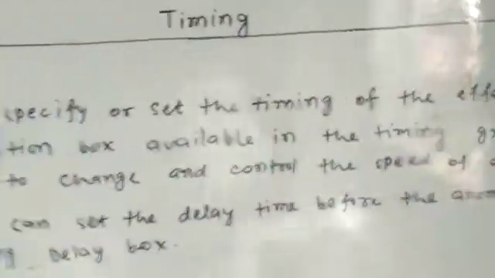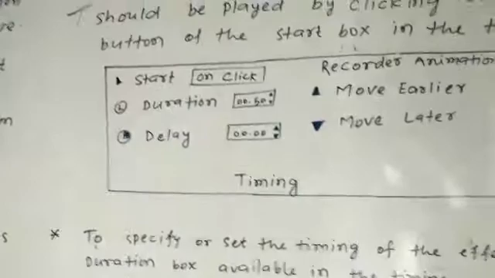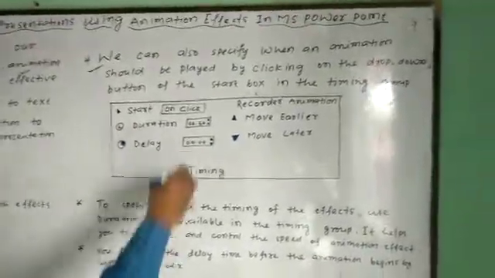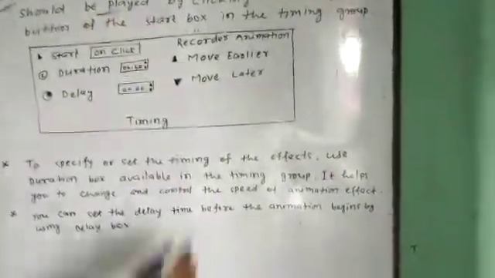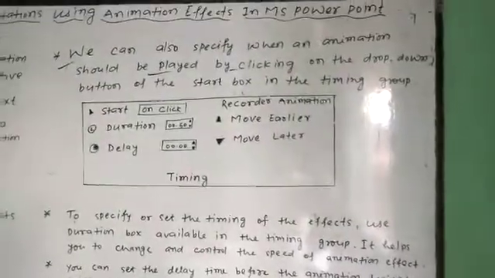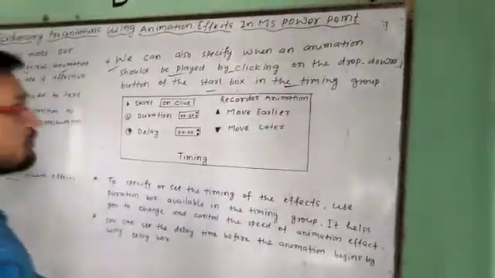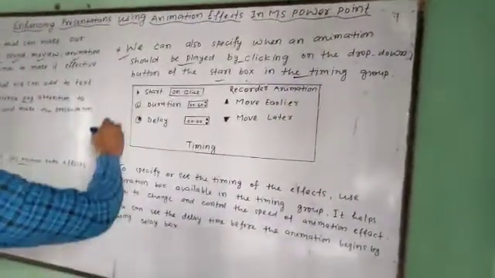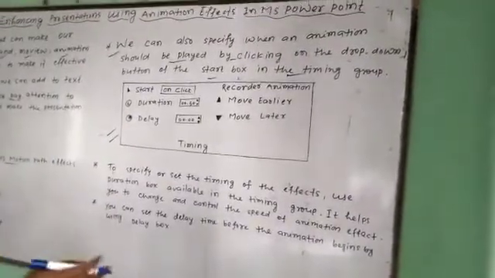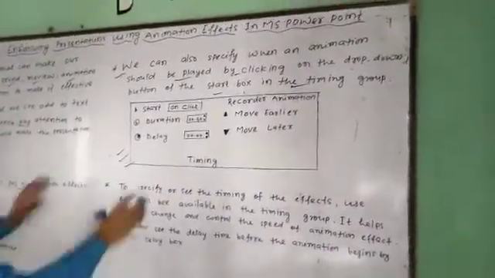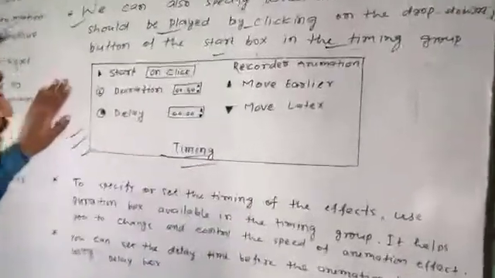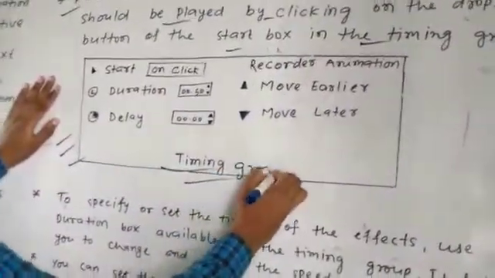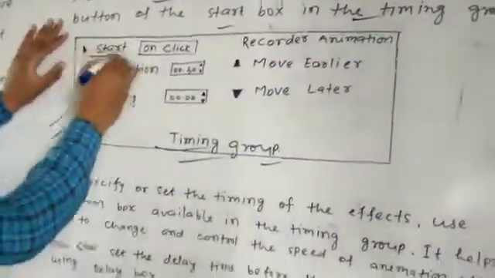And now friends, we can also specify when an animation should be played by clicking on the drop down button of the Start option in the Timing group. So students, we can set the timing of animation effects. This is the Timing group, and this is Start.